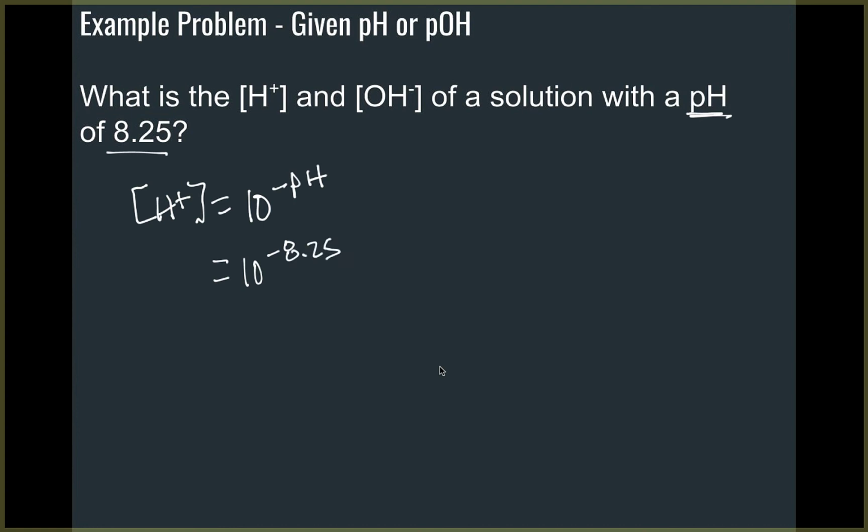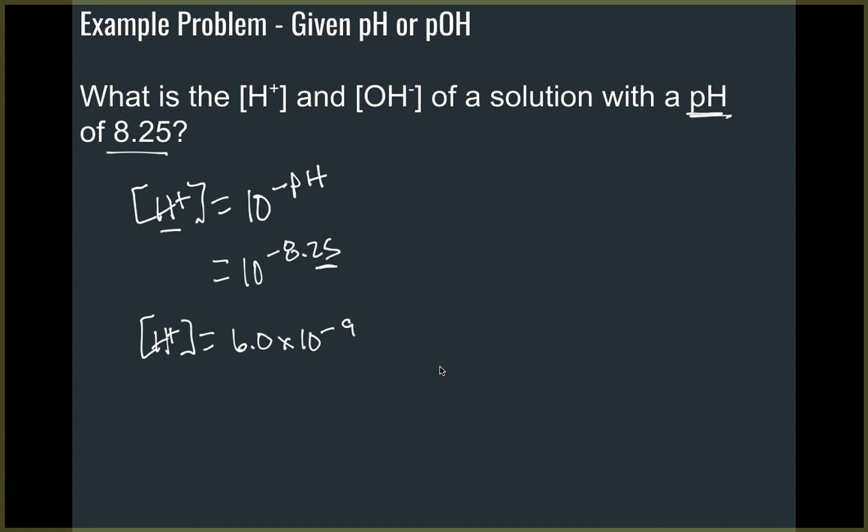And to do this on most of your calculators, you're going to hit second log. So that's where you find that 10 to the x. So when I solve that, my H plus is equal to 6.00. I have 2 sig figs here, so 6.0 times 10 to the negative 9th.